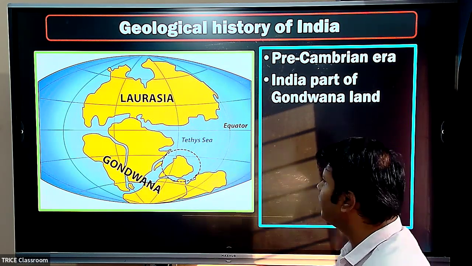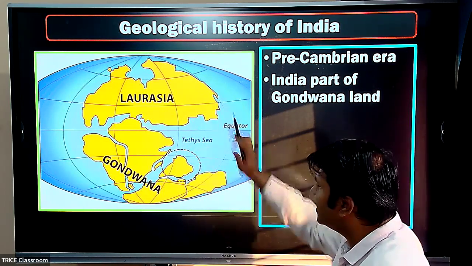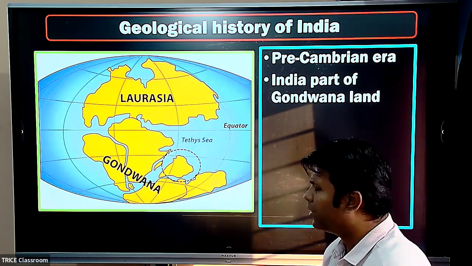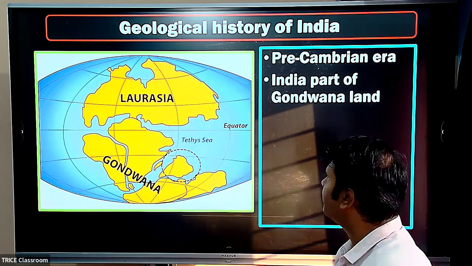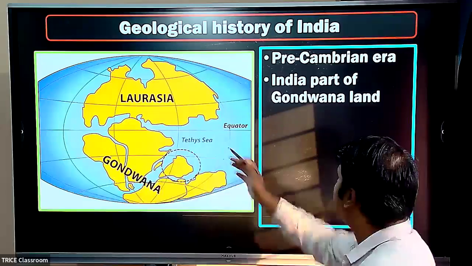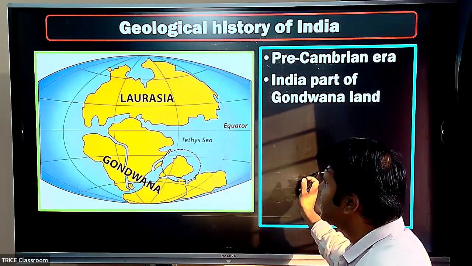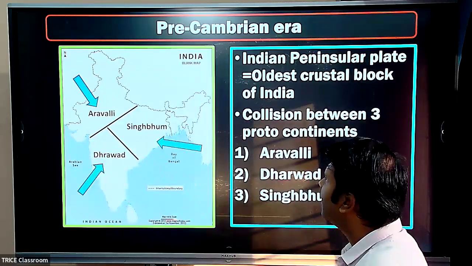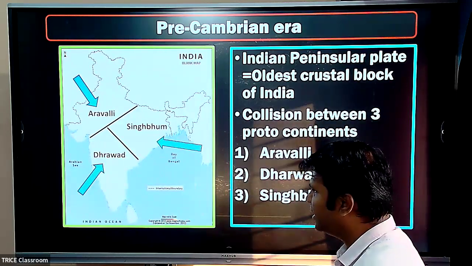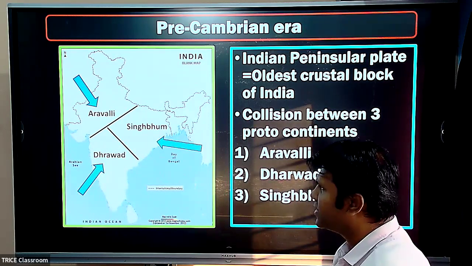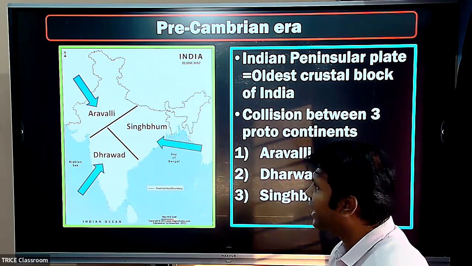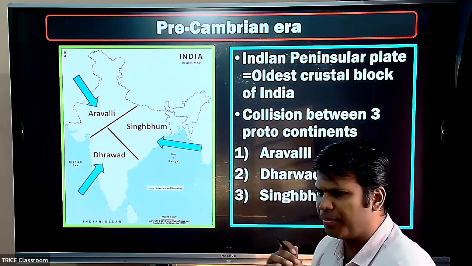That is how you will notice the Indian plate approaching the Laurasian plate, and this breaking up happened in the Precambrian era. India, which was part of Gondwana, separated from Gondwana, and that's how the Indian plate was formed. Before this, the Indian plate was again not one single uniform plate.